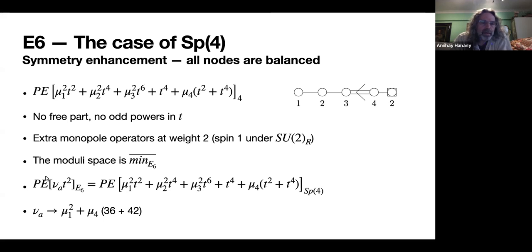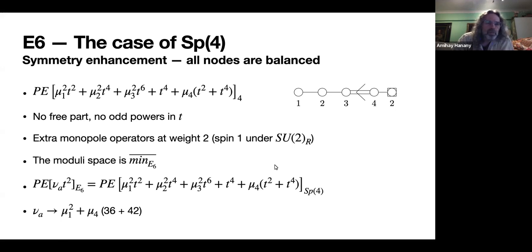And again, if I expand, on the left-hand side I get the nth powers of the adjoint of E6, and on the right-hand side I get the decomposition into representations of SP4. Any questions?